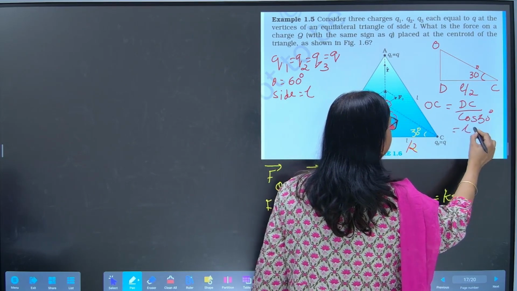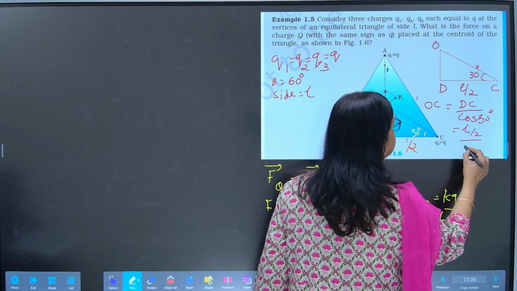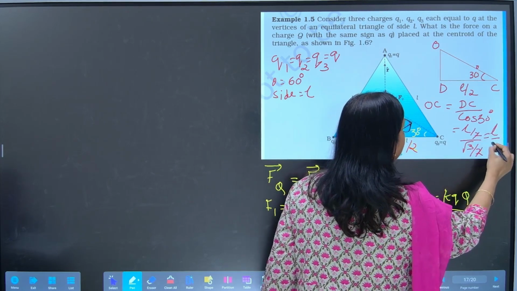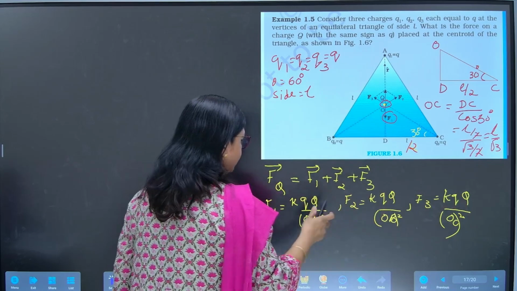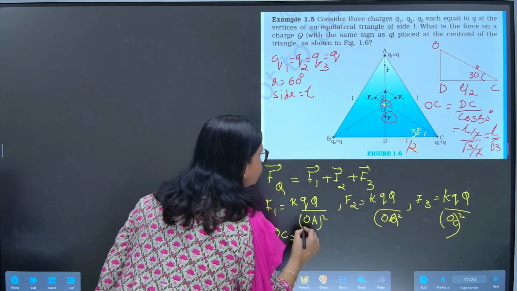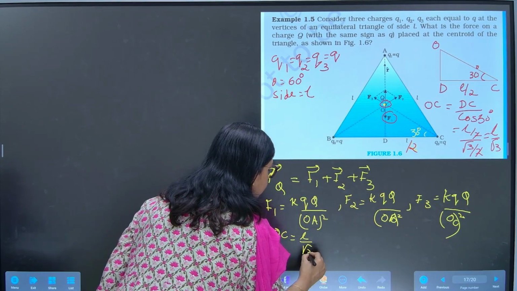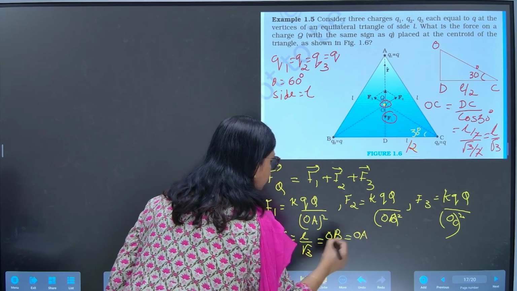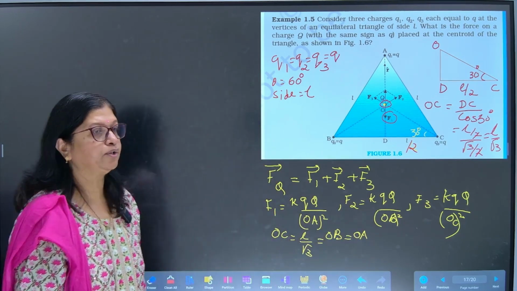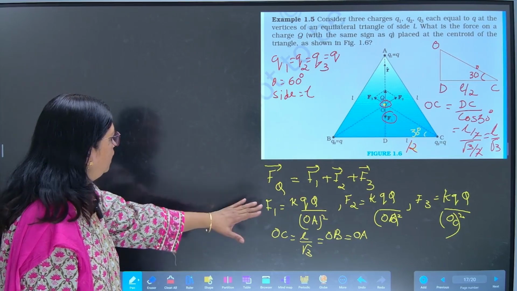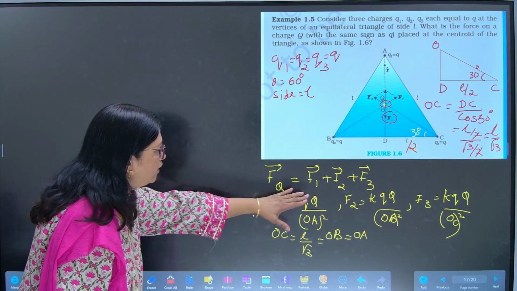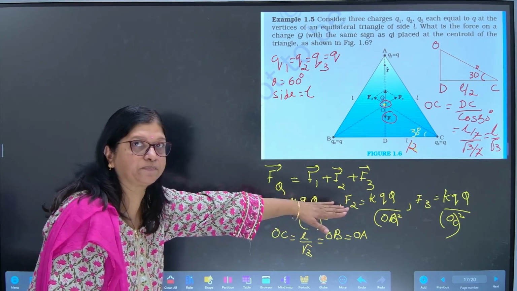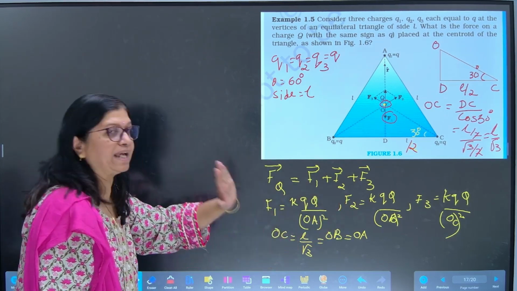DC is L by 2, and cos 30 is root 3 by 2, as we know. The 2s cancel, and we get L upon root 3. So OC is L upon root 3. OC, OB and OA are equal, again given by L upon root 3. So we have the values of F1, F2 and F3 provided we substitute OC, OB and OA in these expressions.